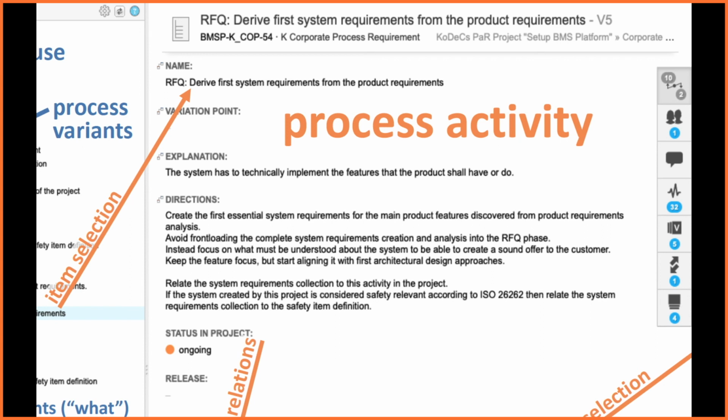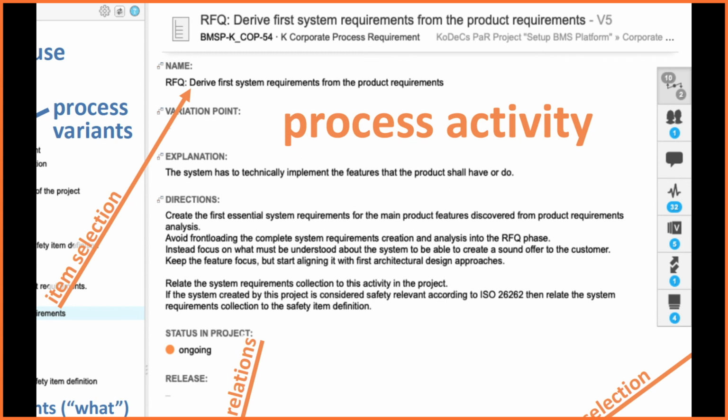And we give a small explanation here what this means. And then we give the directions how it should be done. You remember processes are somehow descriptions how we should work. And these requirements tell us exactly how we should do it step by step. It already gives a hint to some ISO standard, and we will see that in more detail in the relations in the next step.